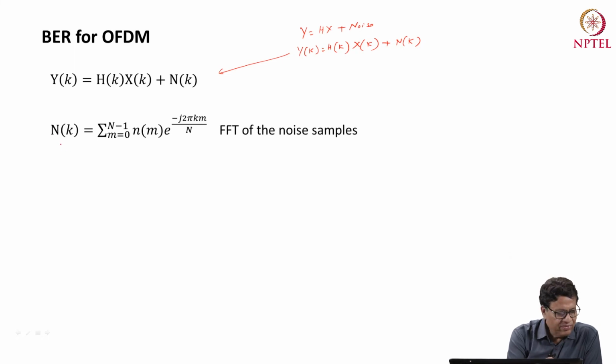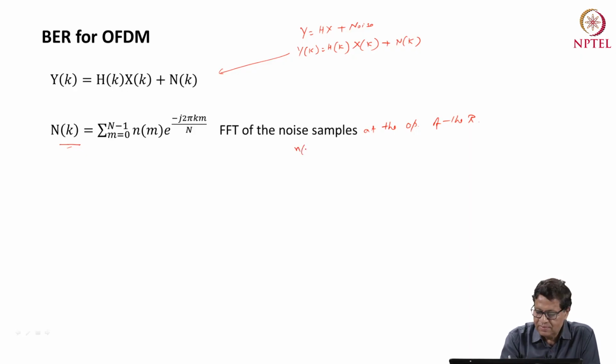And Nk, we know, is the FFT of the noise samples at the output of the Rx, where these Nm are the additive noise samples for each output sample.